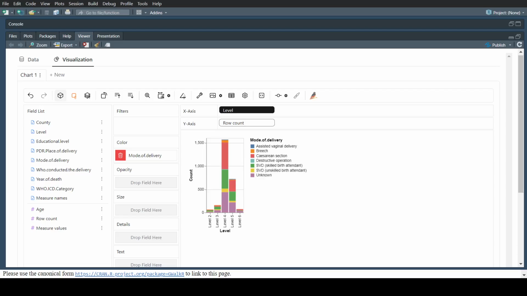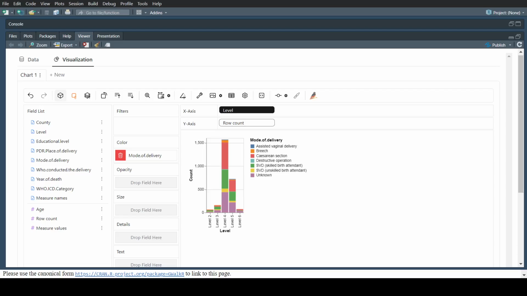It seems a lot of women prefer to deliver at county hospitals. So if there were interventions addressing reduction of maternal deaths, then probably the target facilities will be level 4 and level 5 facilities, to try and reduce the numbers of deaths there.